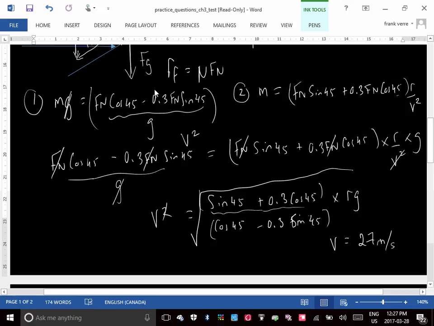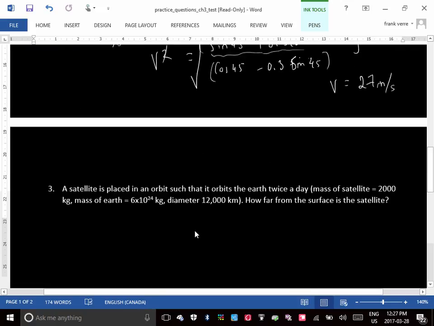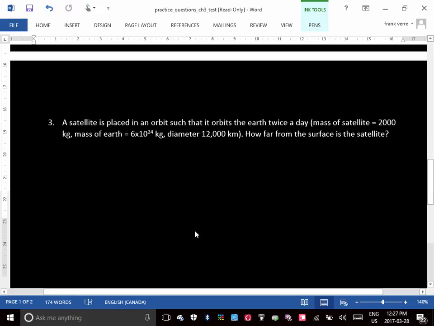Okay. Next question. We have a satellite placed in orbit such that it orbits the Earth twice a day. What's the period if it orbits twice a day? What was the period for one day? How many seconds was it?